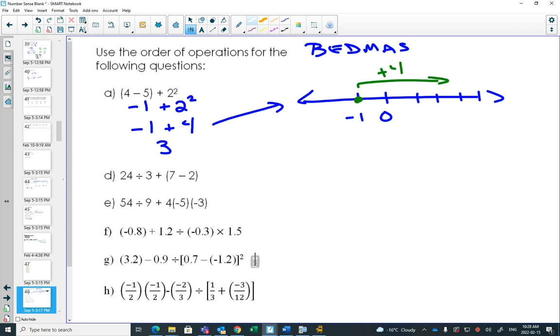Adding is going to the right, subtracting is going to the left. You will make mistakes when adding and subtracting integers, just because it's hard on your brain and a little bit confusing once you add those negative numbers. But if you're ever getting screwed up on one, go back to a number line. If I was at negative 1 and I went 1, 2, 3, 4 to the right, it's pretty easy to see that you would get to 3.